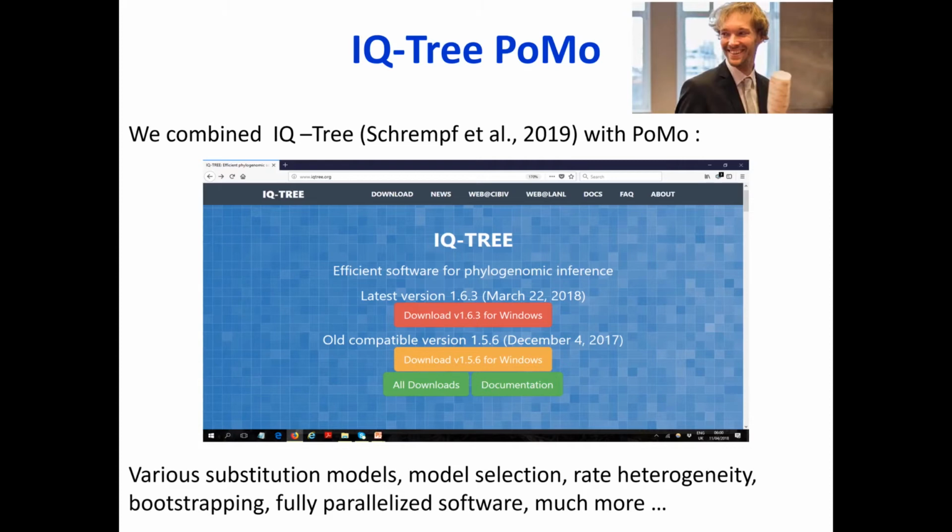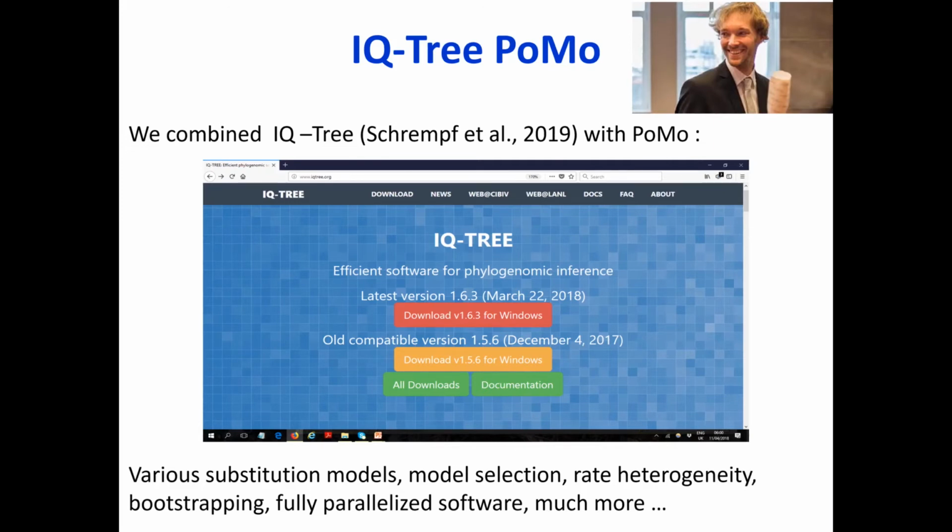And at that stage, Dominik and Minh Bui in Arndt von Haeseler's group were both working on IQ-TREE, so they could exchange with each other. IQ-TREE also has many nice features. There are various substitution models, and you get help choosing them by having a model selection. There's rate heterogeneity, bootstrapping, and it's fully parallelized software and many other features.